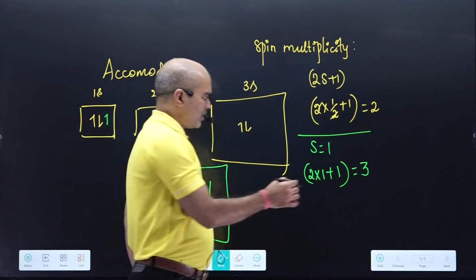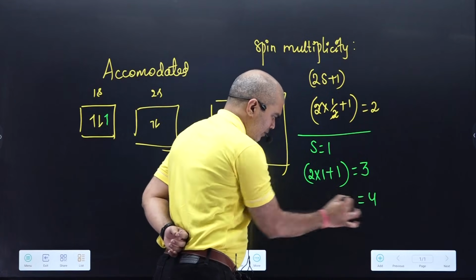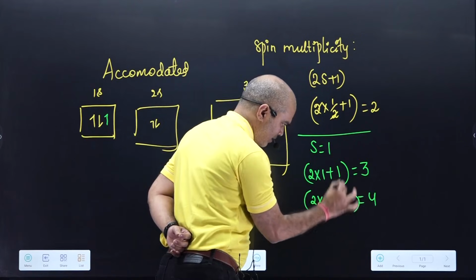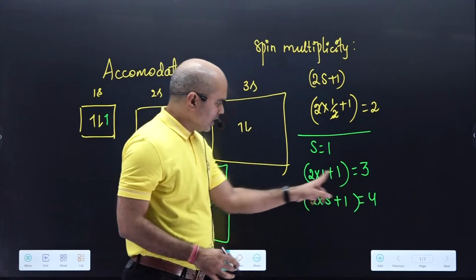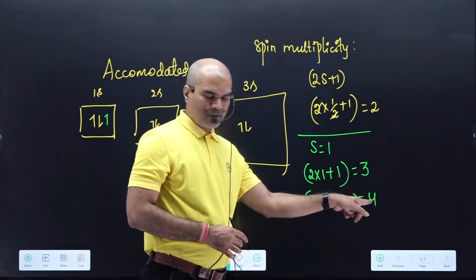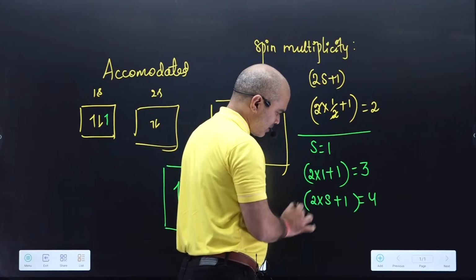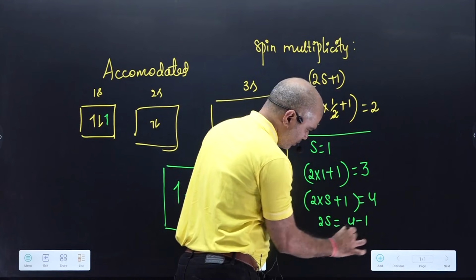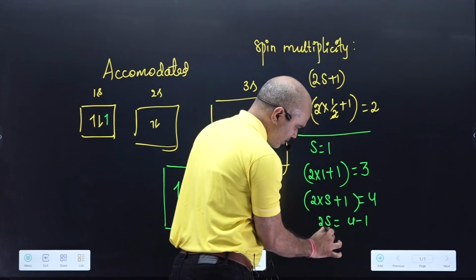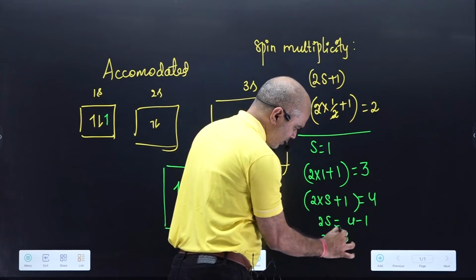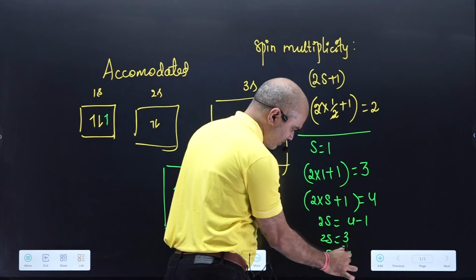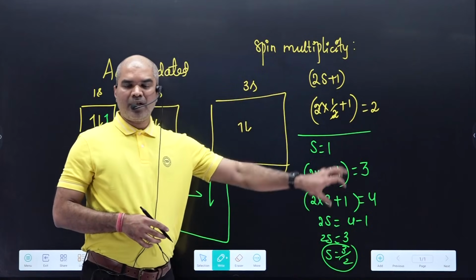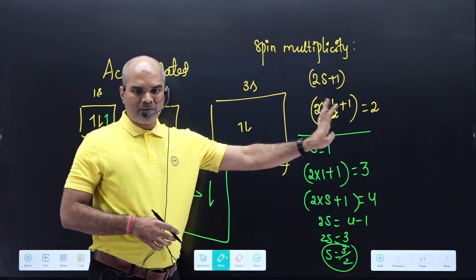It means I want 2 into s plus 1 to equal 4. How much is s? So 2s is equal to 4 minus 1. 2s is equal to 3. S is equal to 3 by 2. If the spin of the electron is 3 by 2, then I can accommodate 4 electrons.